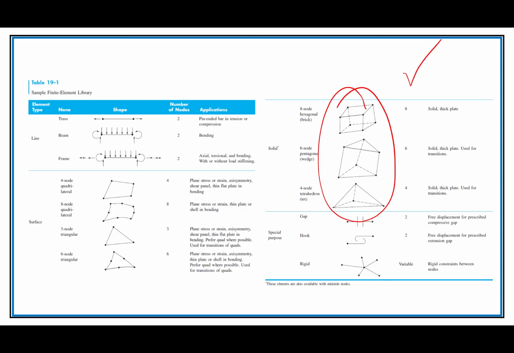A really important category, and not really shown here, are plate elements. These are like surface elements, which are usually just two-dimensional. But plate elements are some of the most difficult to generate, and many FEA codes have spent a lot of effort on doing those correctly.